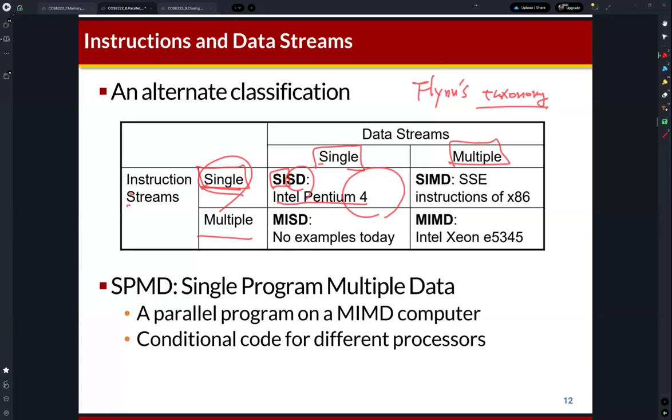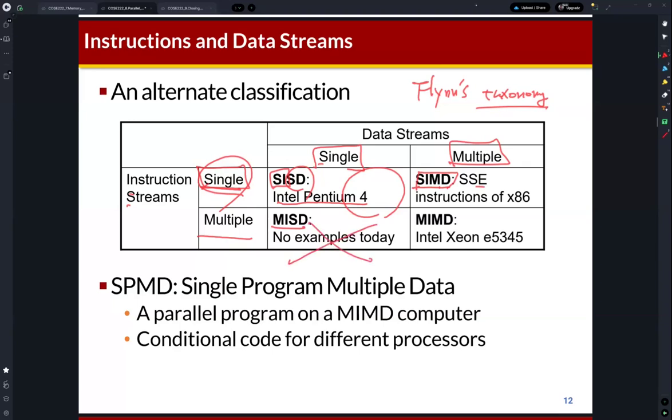When we execute vector type instructions, a single instruction handles multiple data streams. This type of processor is called a SIMD processor. An example is the SSE instructions in x86 CPUs. So it's a vector type processor, called a SIMD processor.